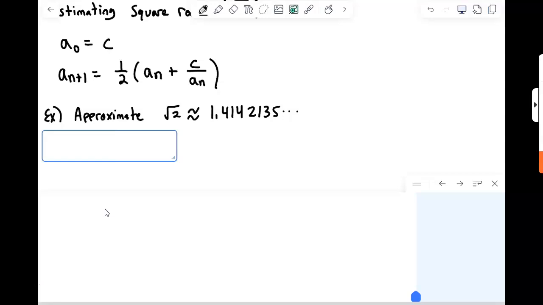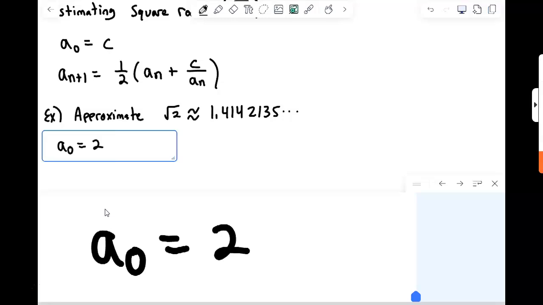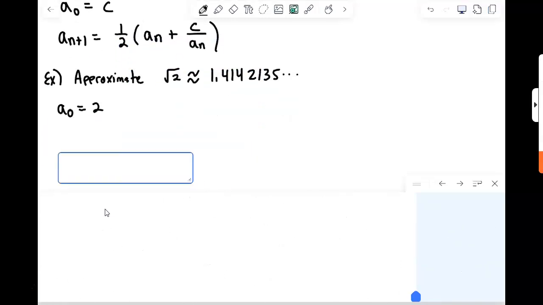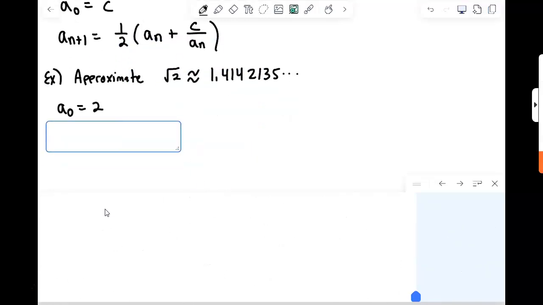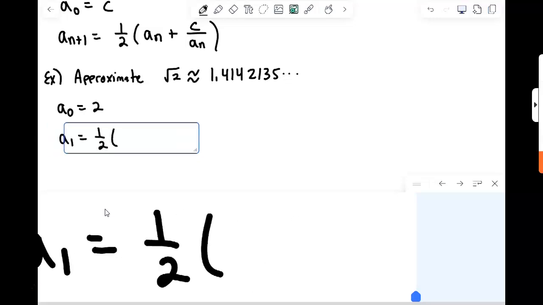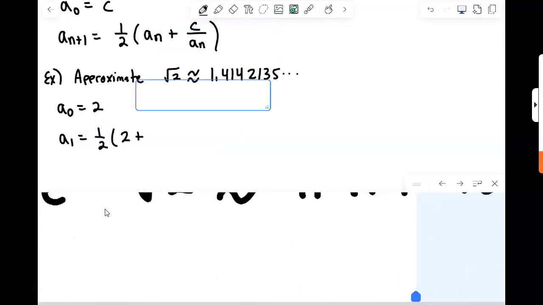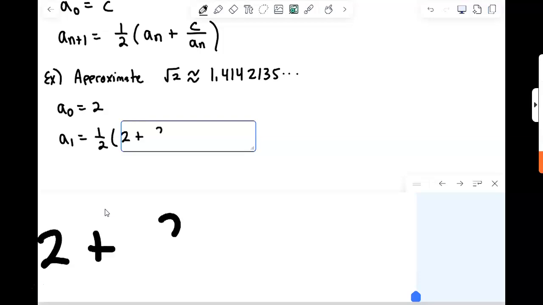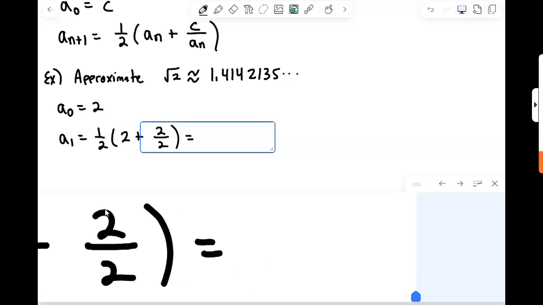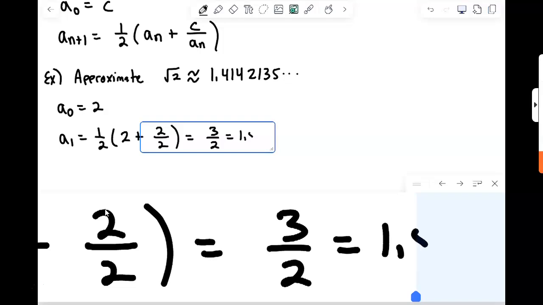So we estimate it by saying that A0 is the thing we're trying to take the square root of, 2. Then using the recurrence relation, A1 would be half of 2 plus 2 divided by our previous guess, which was 2. So 3 halves, or 1.5.